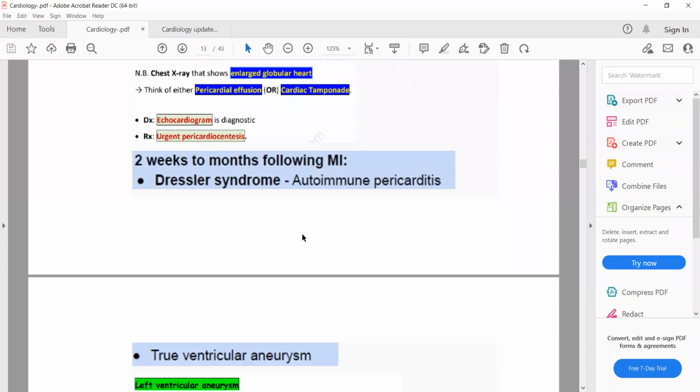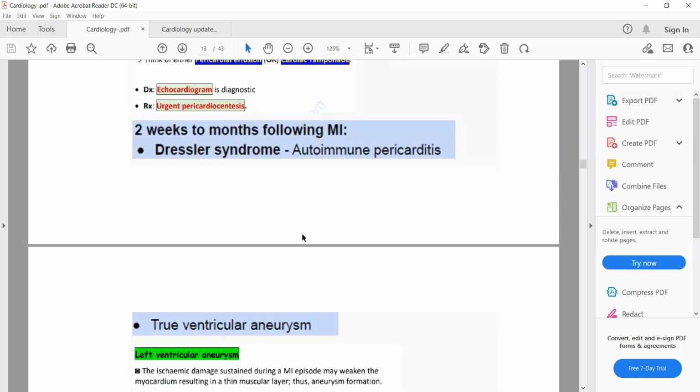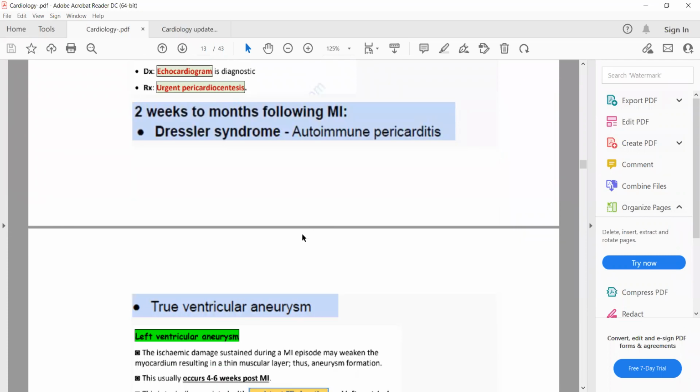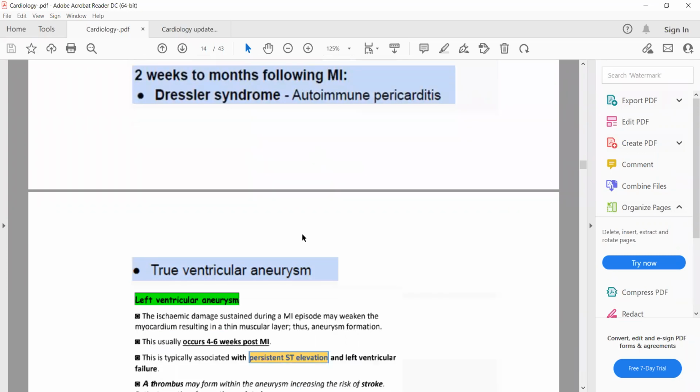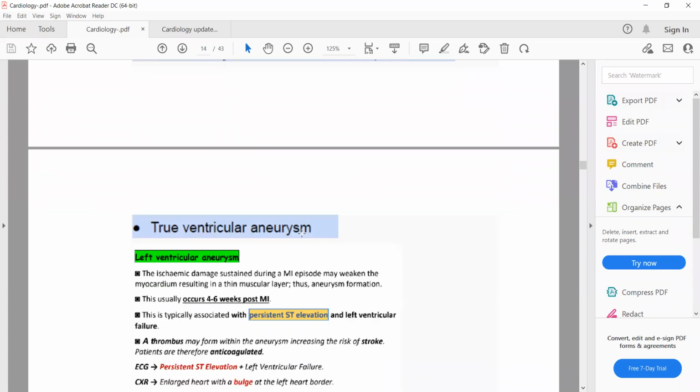Now the complications that can occur after 2 weeks, one of them is Dressler syndrome. We have already discussed that Dressler syndrome is basically autoimmune pericarditis, and the other long-term complication that can occur after 2 weeks to months is ventricular aneurysm.